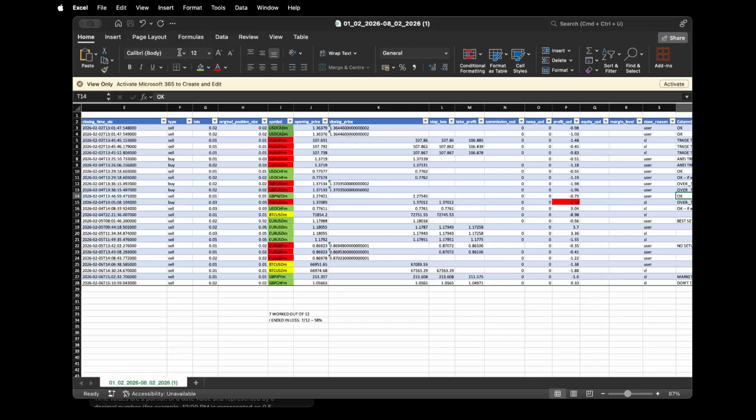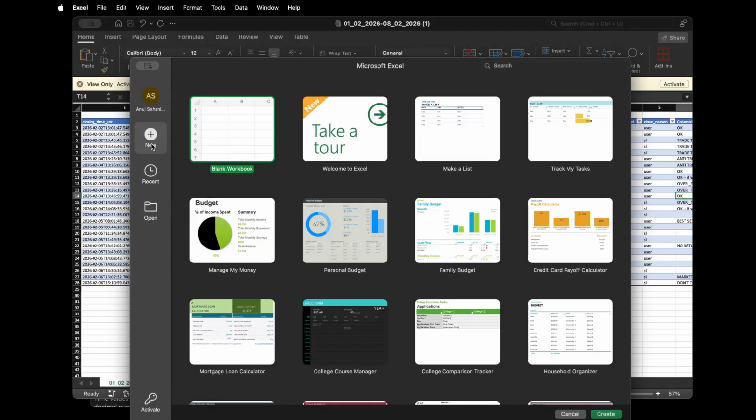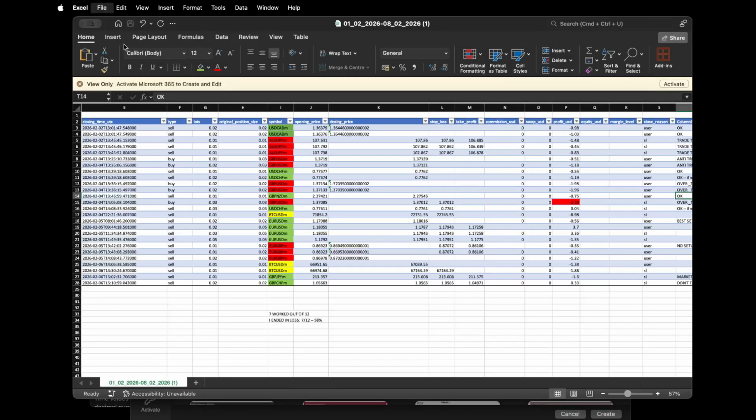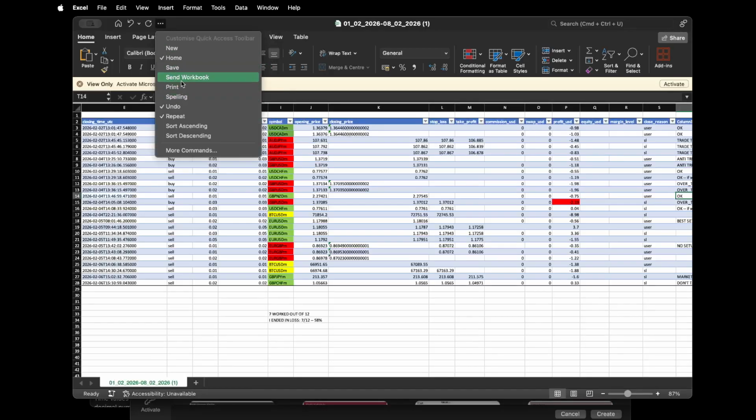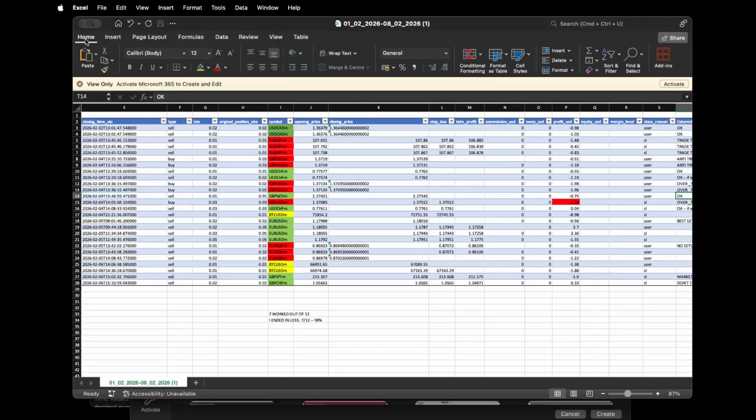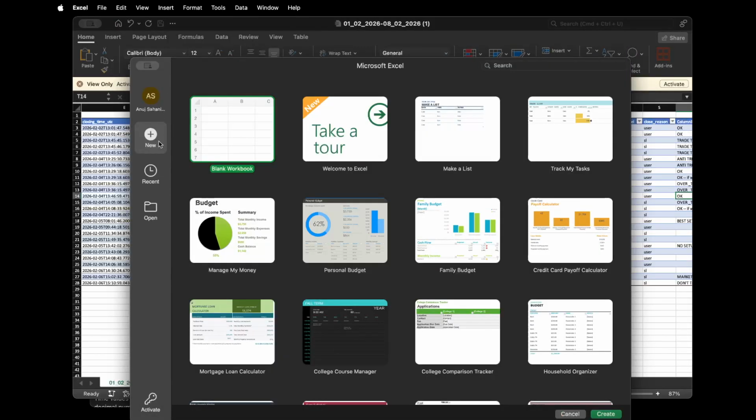Let's start saving it. Home, file, share, import, view, insert, format, Excel. How to save it? I want to save it as new.